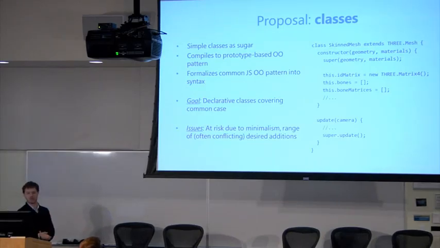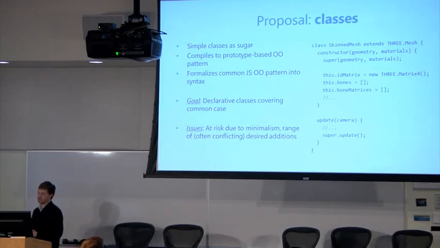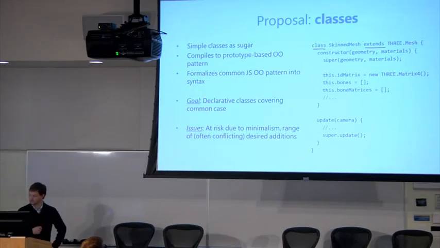And I think there's continuing discussion about whether that maximally minimal point is going to be met. But the current notion of classes is that I have the ability to define a class with a new keyword, class, and it can also declare its base class. So I can declare that I extend from a class here like THREE.Mesh.